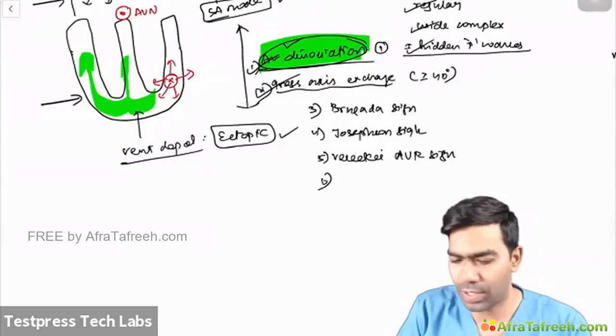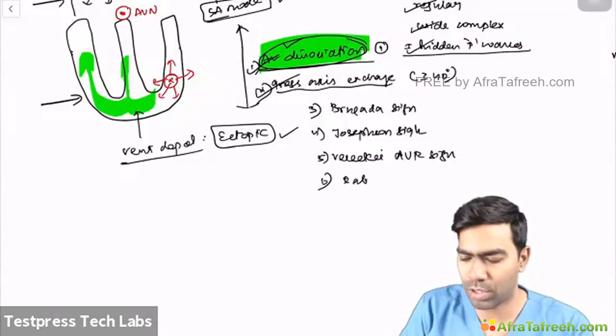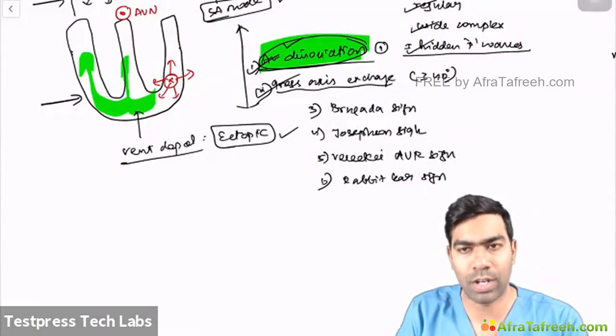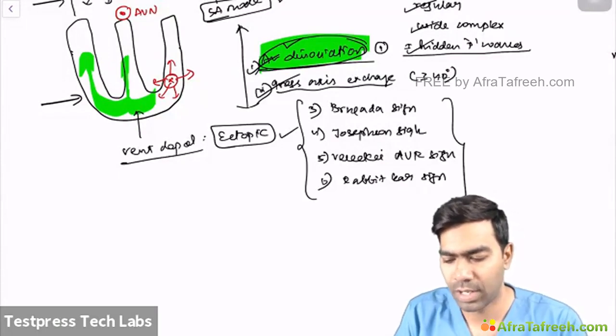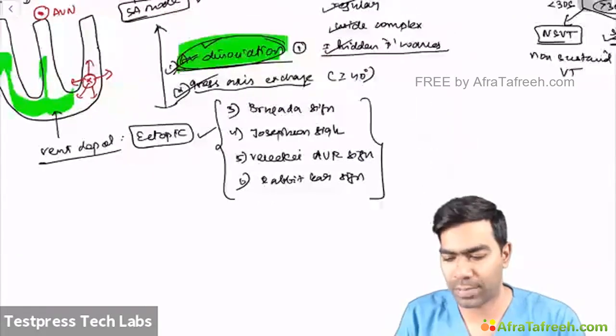And of course, we have the rabbit ear sign. I told you only a few things because there is a lot more information you need to know if you want to really diagnose a ventricular tachycardia. But these four are very commonly asked in exams: the Brugada sign, the Josephson sign, Verreki's AVR sign, and the rabbit ear sign.